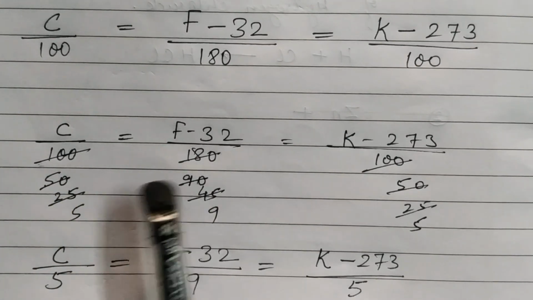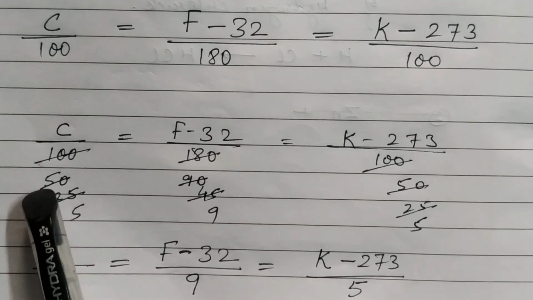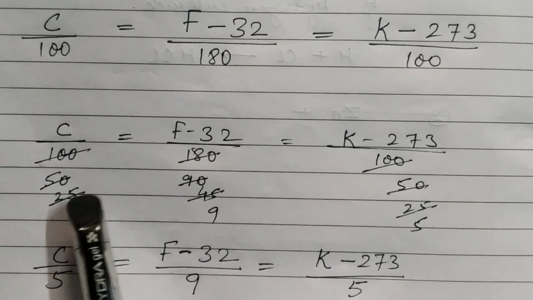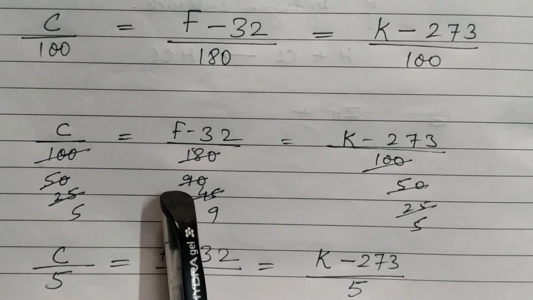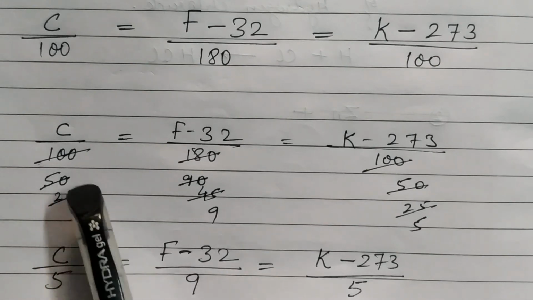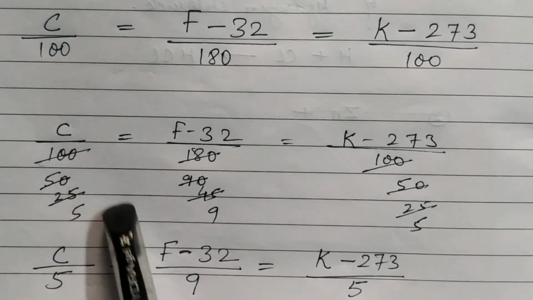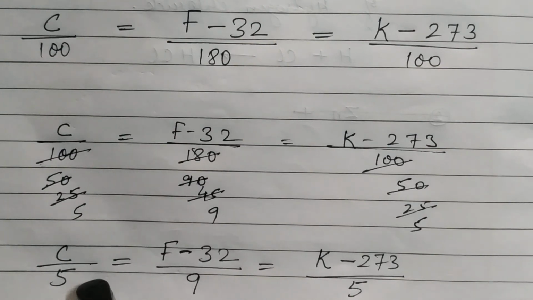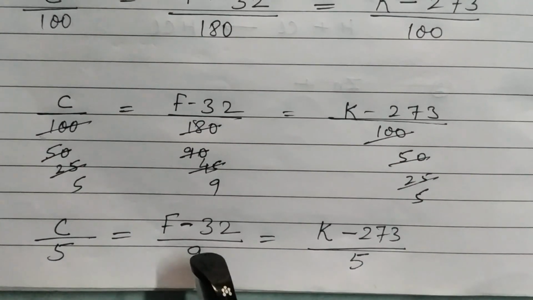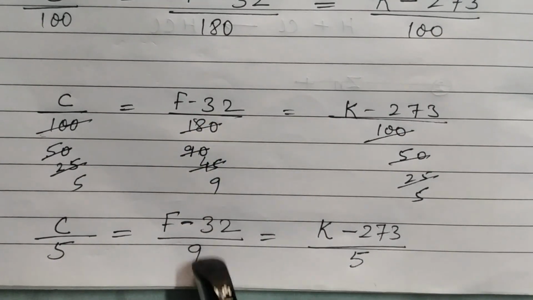Then again dividing, 2 2s are 4 and 2 5s are 10; 2 4s are 8 and 2 5s are 10. Then further dividing, 5 5s are 25 and 5 9s are 45. So on simplifying we get C upon 5, and here we get (F minus 32) divided by 9.